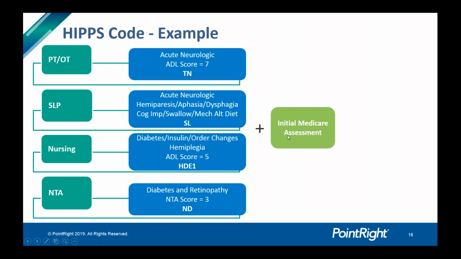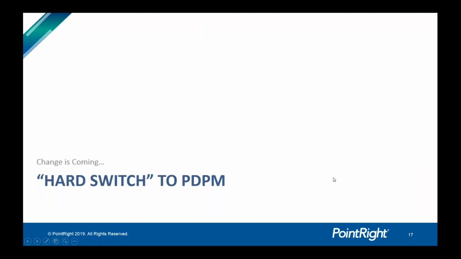Well, coding the initial Medicare assessment, the 5-day, that means that his HIPS code would be NLED1. So that's how we end up with this HIPS code that gets coded on the UB. And don't ask me to repeat that from memory because it's not going to happen, but you will learn and internalize that.